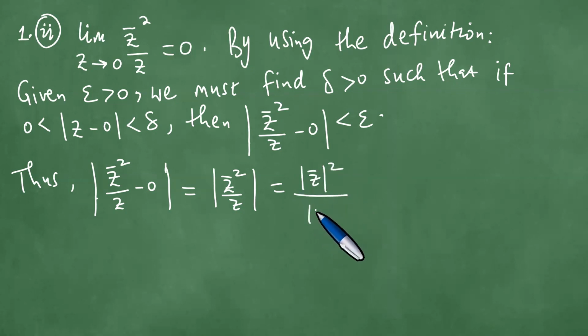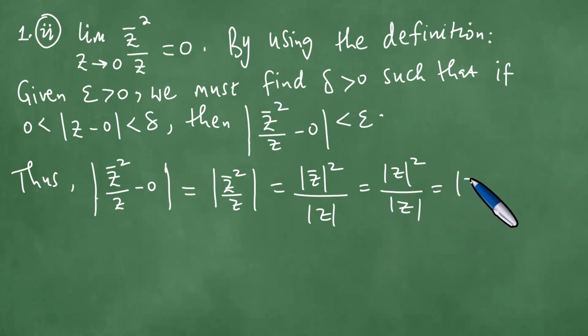Now we divide these by that, in which case this is exactly this. And this is less than epsilon.